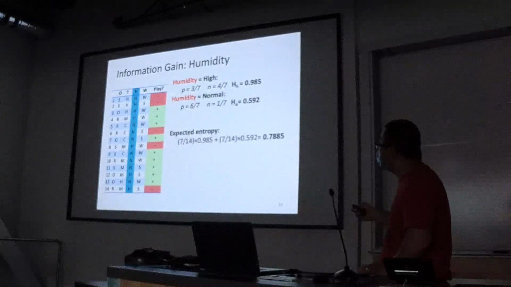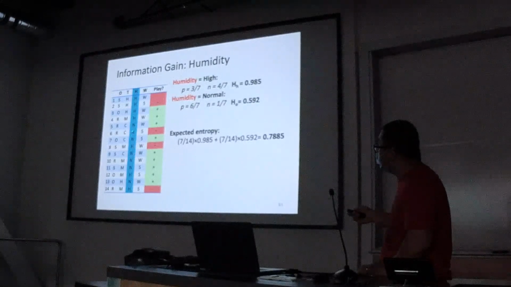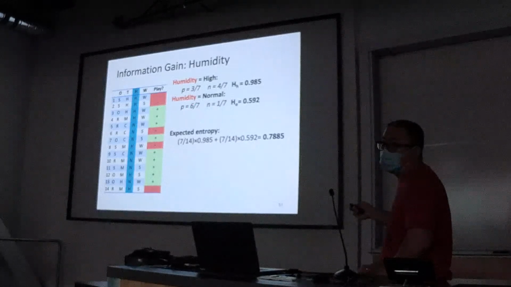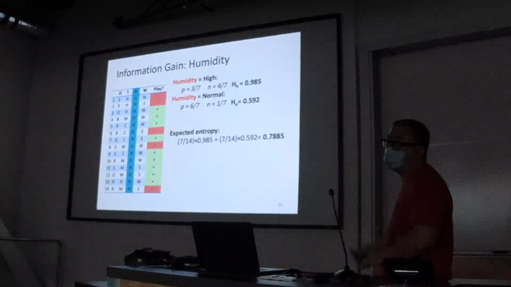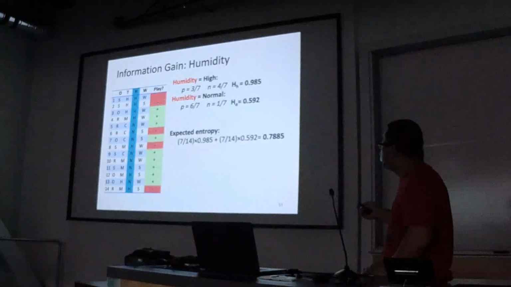And for humidity normal, which is the second subset, we have 7 examples, where 6 are positive and 1 is negative, which is quite pure, but it's not a unique label. So the entropy is 0.592.